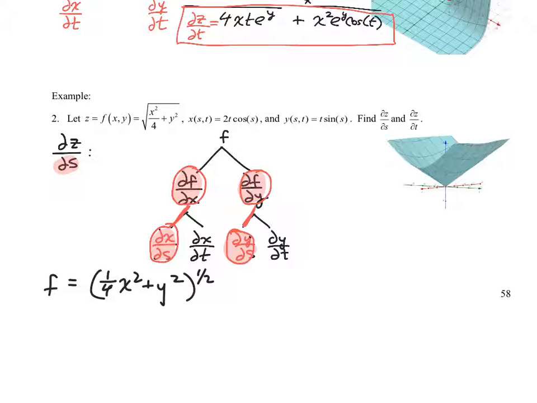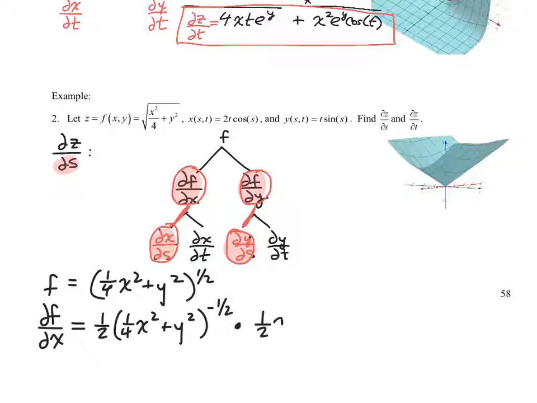So that when I find my first order partial with respect to x, I'm looking at 1/2 times (1/4 x squared plus y squared) to the negative 1/2 times the derivative on the inside, which is 2/4 x to the first, so just 1/2 x. The y squared goes away because it's a constant, so constants go to 0.